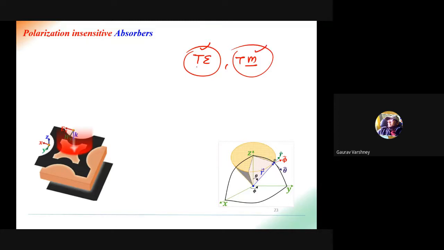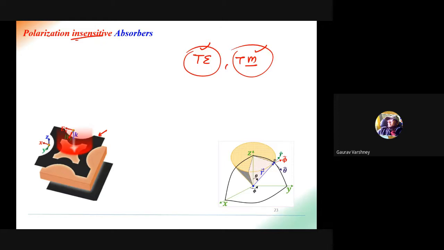So if the wave is incident with TE polarization or TM polarization or any polarization, whether Ex is transverse or Hy is transverse, in both cases or any case, the response of the device remains unchanged. In that case, this device is called polarization insensitive.